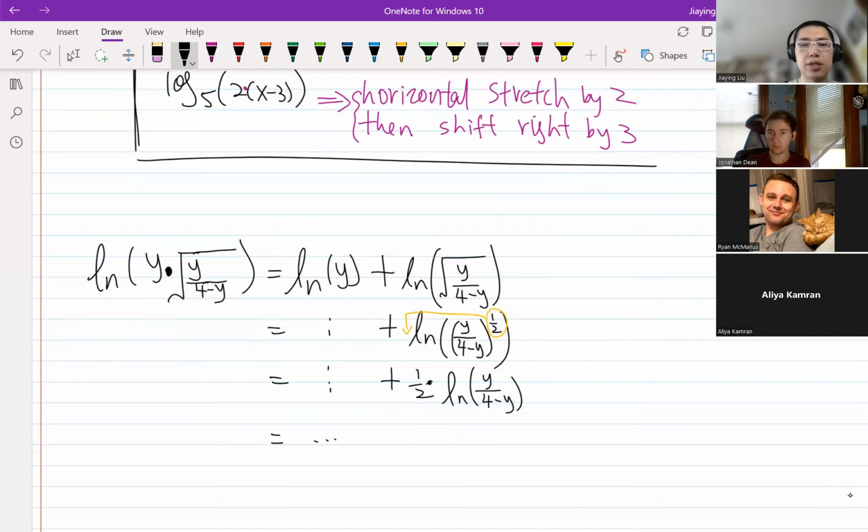So that's going to be plus 1/2. I have to be careful because there's a 1/2 times the log, so no matter how I rewrite the natural log in the second part, I have to multiply the result by half. The 1/2 times natural log, with the quotient rule becoming a subtraction, natural log of y minus natural log of 4 minus y.